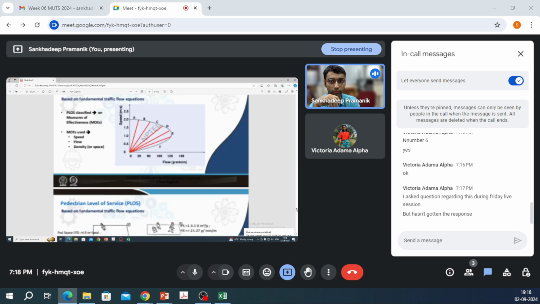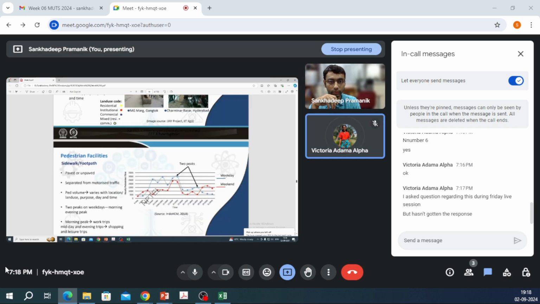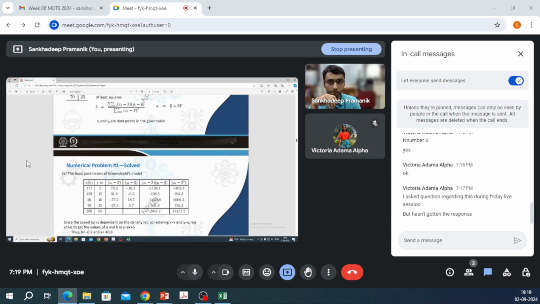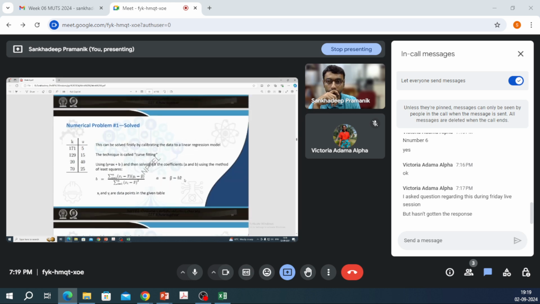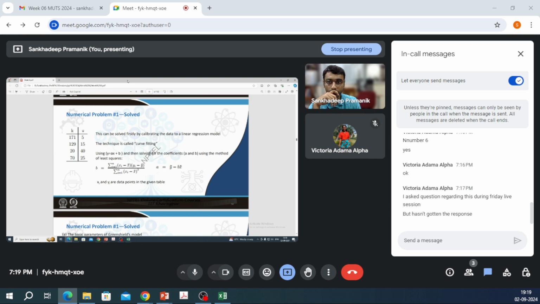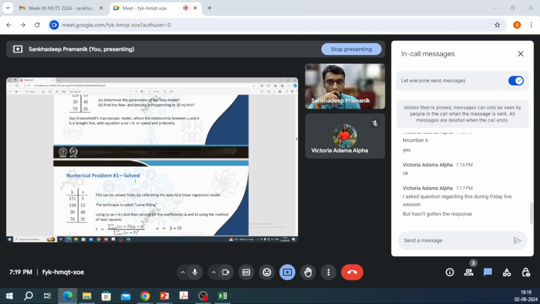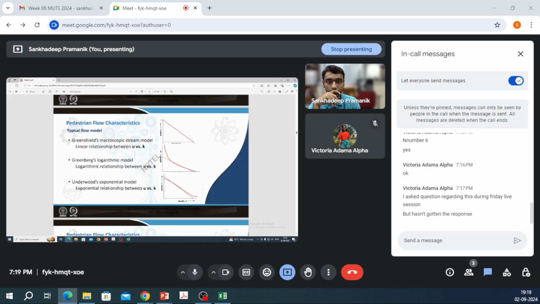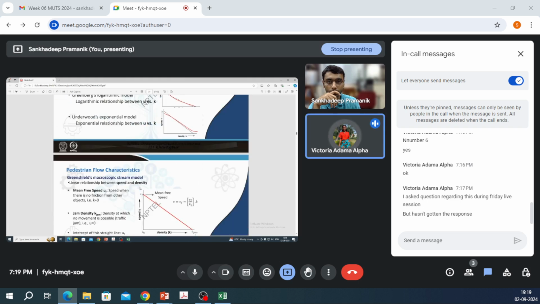Can you tell in which page? Numerical problem one, I think.